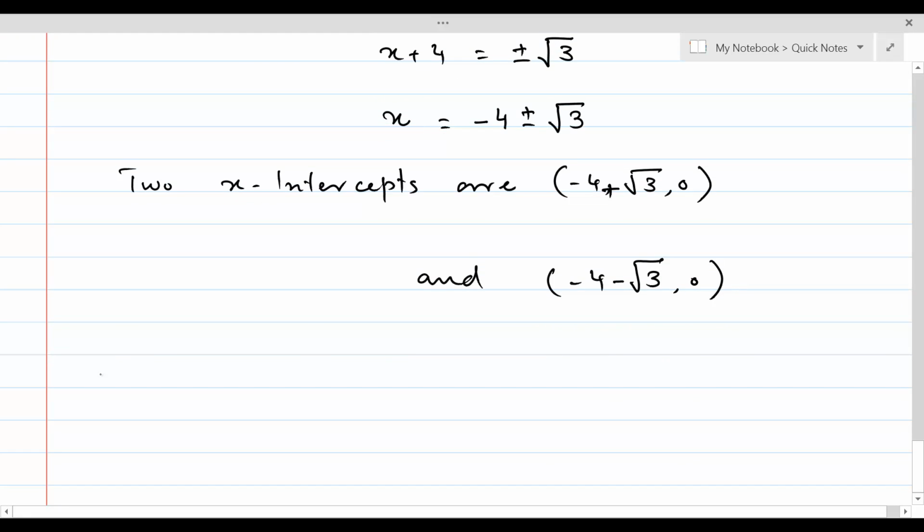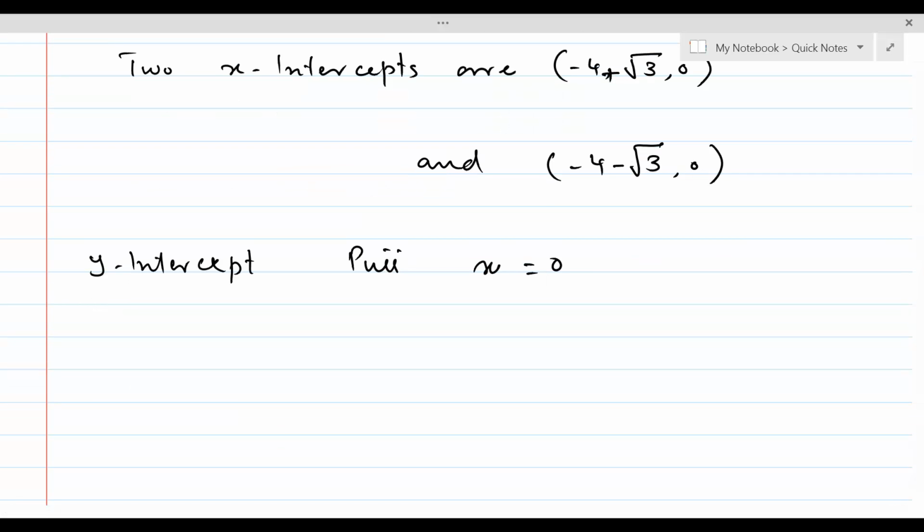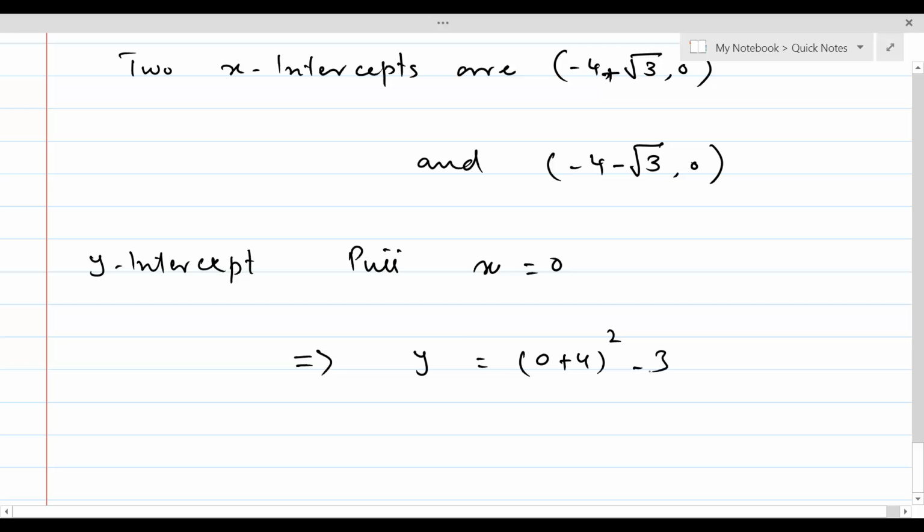For the y-intercept, put x equal to 0. If x is equal to 0, then y, which is a replacement for f of x, is equal to (0 plus 4) whole square minus 3.